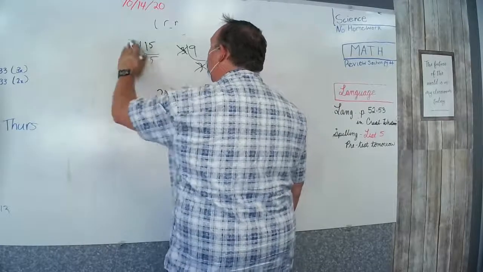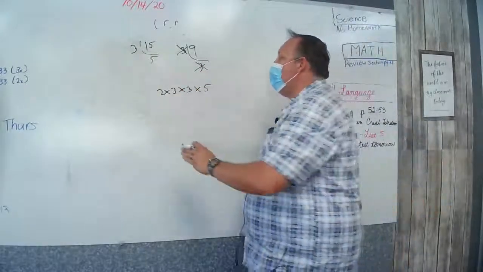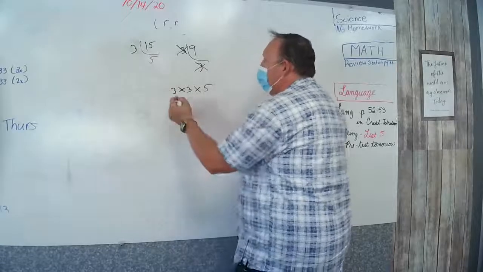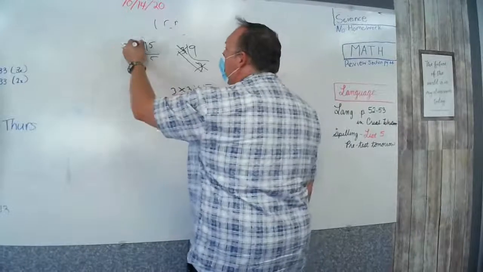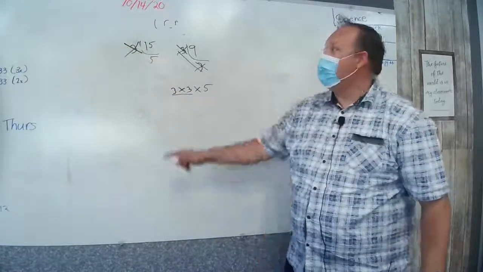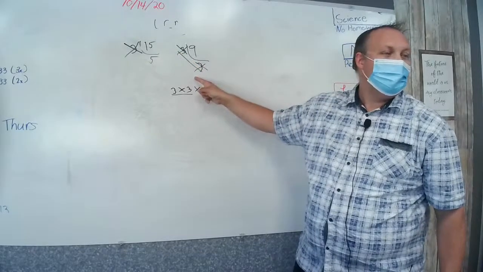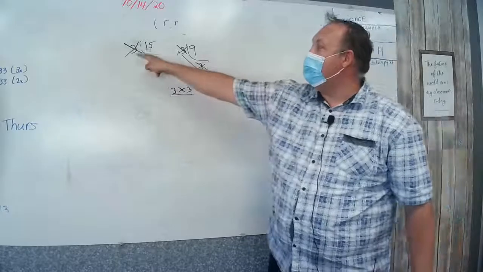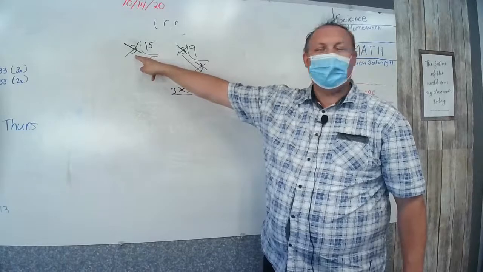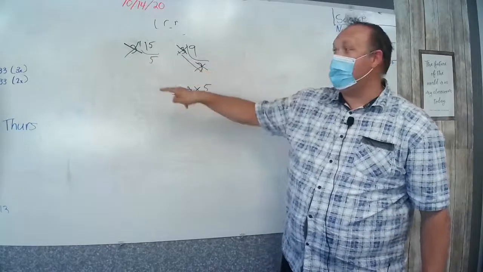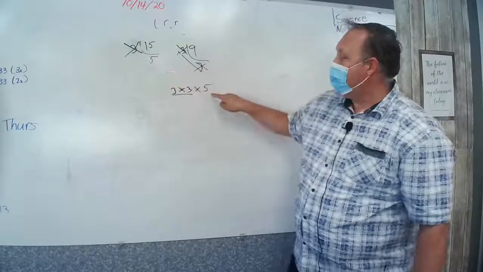If this were 15, okay? 15 breaks up into 3 and 5. Because I'm already using 3s from my 9 here, I do not need to use that 3. But I still have to use 5 because I don't have it used anywhere else. So I still have to use the 5.